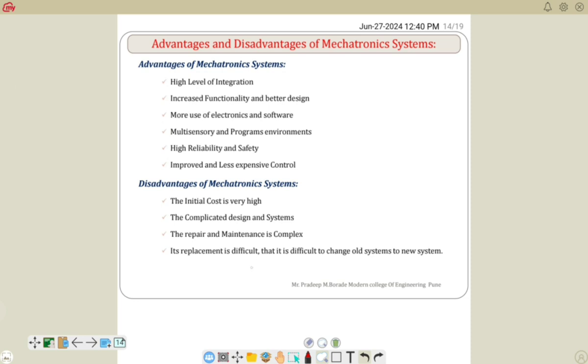And the last one is that replacement is difficult, that is, it is difficult to change an old system to a new system. So these are some disadvantages of mechatronic systems. If you see, the advantages are more than the disadvantages, hence nowadays mechatronic systems are used in various fields.